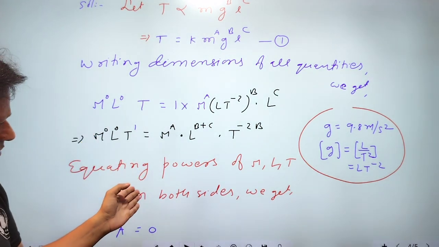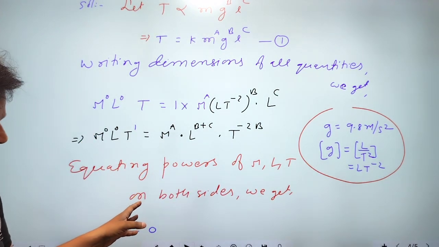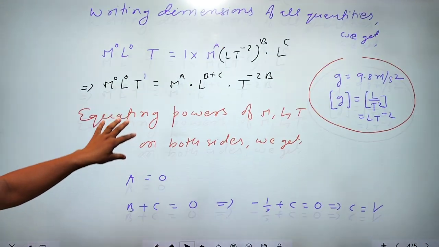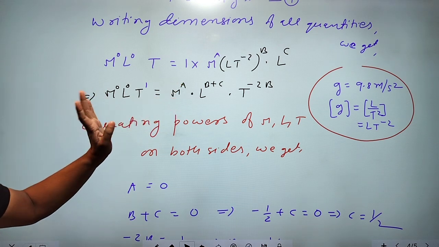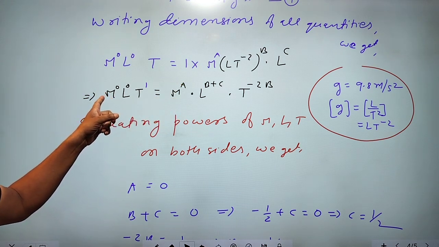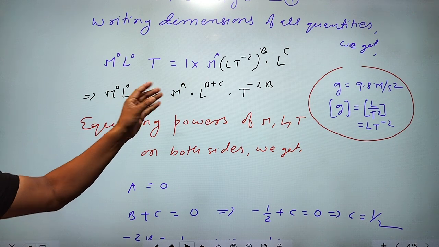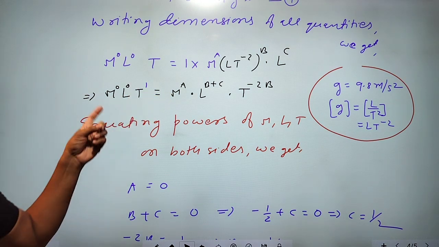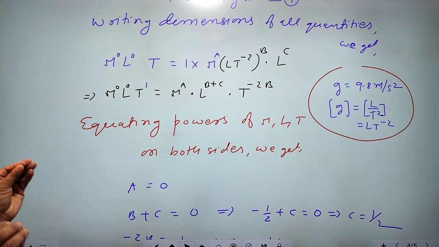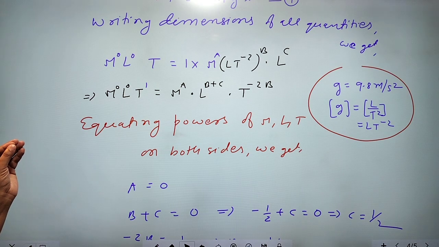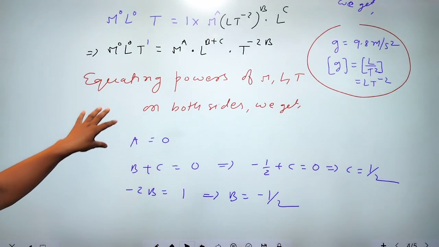Now equating powers of M, L, T on both sides we get: here the power of M is A and on the left side the power of M is 0. Both sides will be equal if and only if the powers of M, L and T on both sides are also equal.